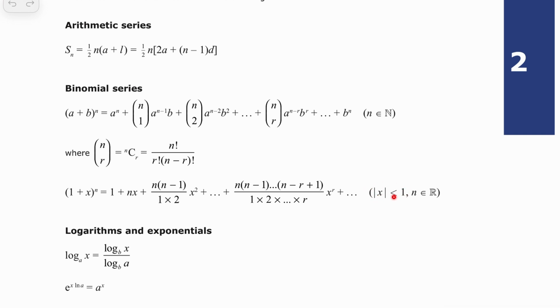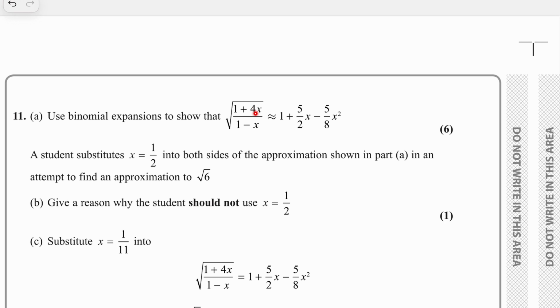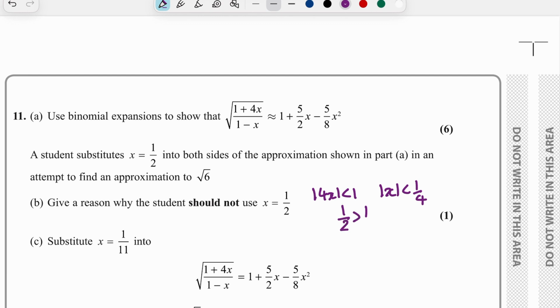So if we go back to our question, the x term here is 4x. So the magnitude of this 4x term must be less than 1. So the magnitude of x must be less than 1/4. But we're trying to substitute x equals 1/2. And 1/2 is greater than 1/4. So the expansion would not be valid.